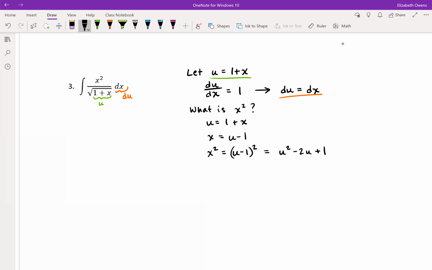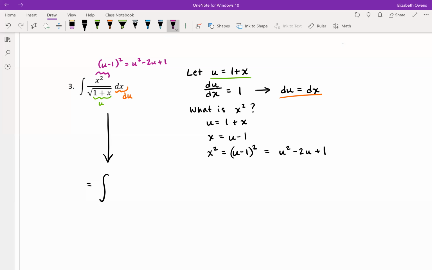And that is going to cover this x squared in the numerator there. This is u minus 1 squared, or u squared minus 2u plus 1.